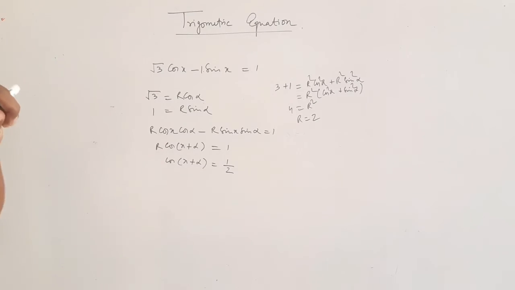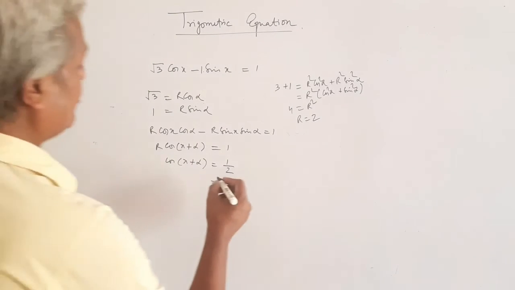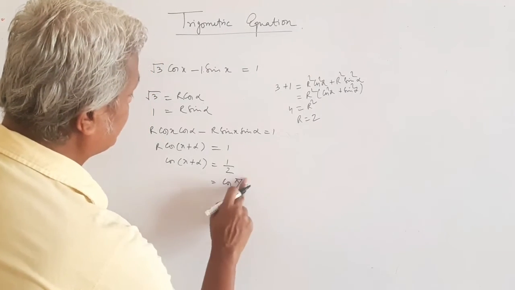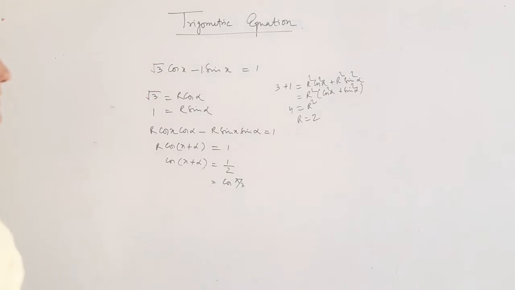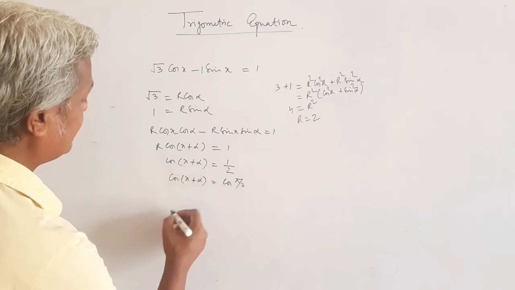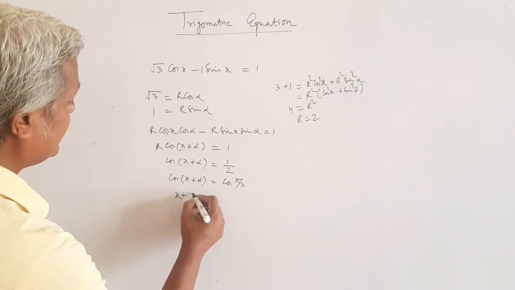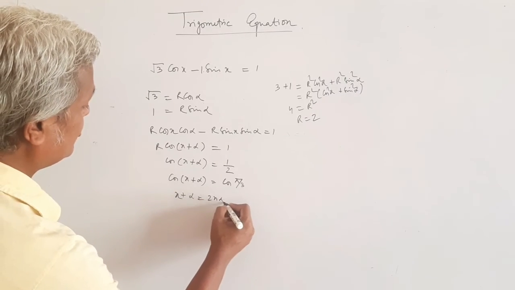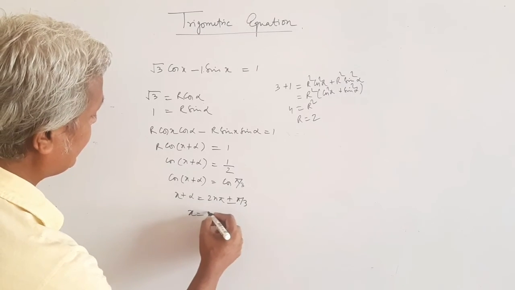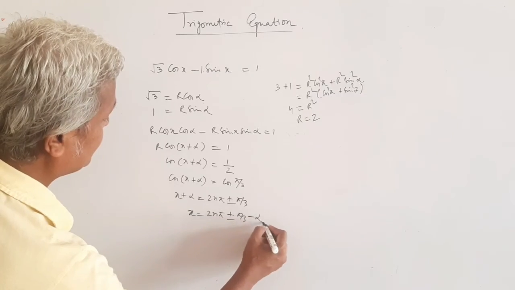Now in the table of cos, there is one value, that cos 60 degrees is 1 by 2, that is cos pi by 3. So this is cos of x plus alpha. Then again we have the form cos x equal to cos alpha, that is x plus alpha is 2n pi plus or minus pi by 3, and x will be 2n pi plus or minus pi by 3 minus alpha.